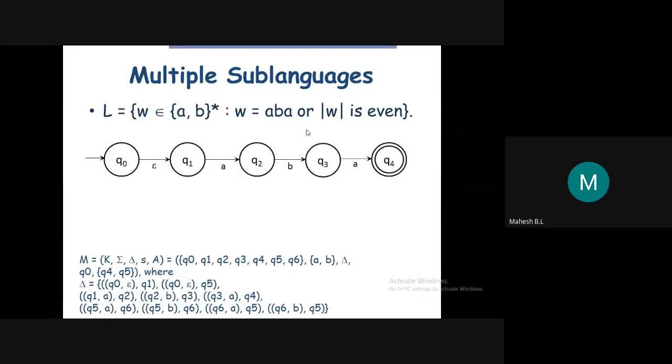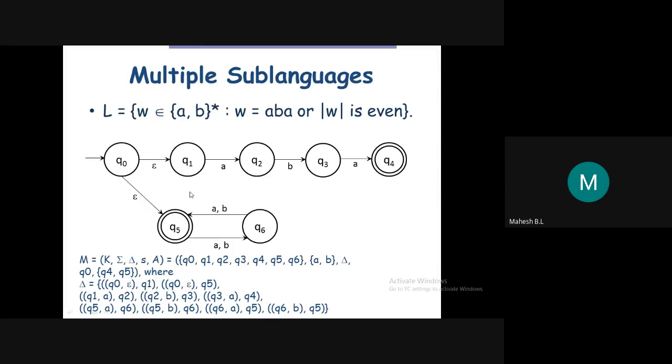Now let's consider this. This part corresponds to ABA. So either W should be equal to ABA or it must be of even length. Both are covered here. If W is equal to ABA, you follow this branch. Otherwise, if W is of even length, you follow this branch.